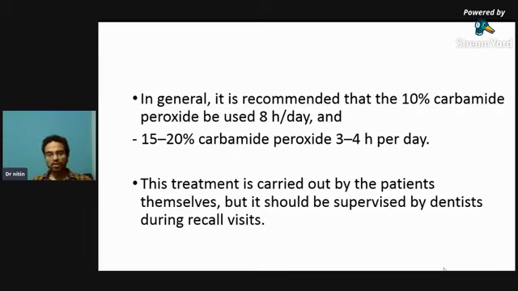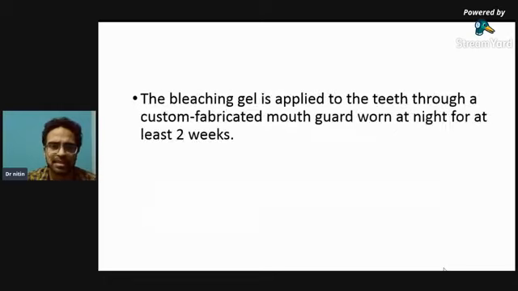Now in between, you can call the patient to supervise, to check how he or she is using the trays and loading it in her mouth. That is, it is more on patient dependent, less on dentist dependent. Our main role is just to provide the right kit and the right customized tray. That's it.